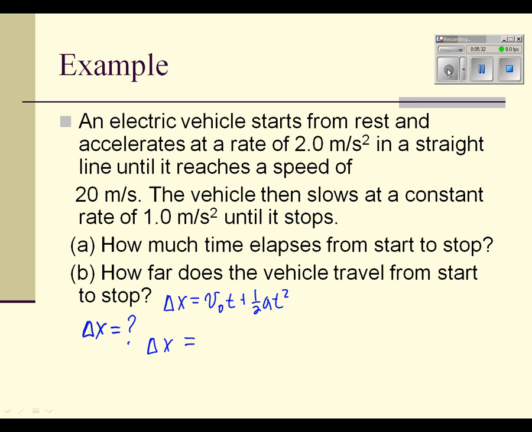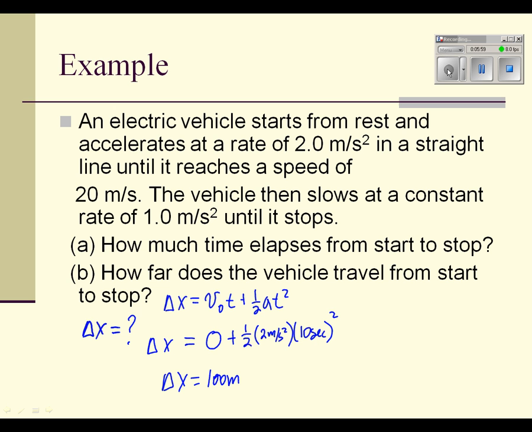Our initial velocity in this case is 0, so that whole thing goes to 0. Plus, now we have 1/2. Now the acceleration in the first part is 2 meters per second squared. And that had occurred for 10 seconds. That has to be squared. So we end up with an answer of a distance of 100 meters.